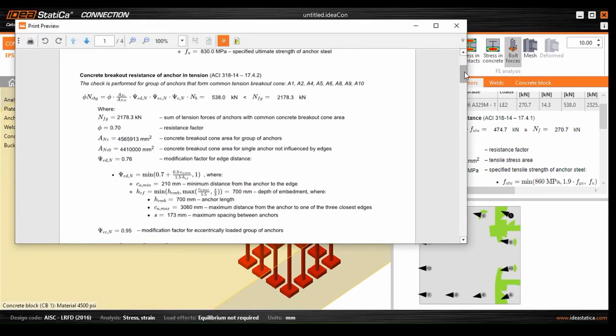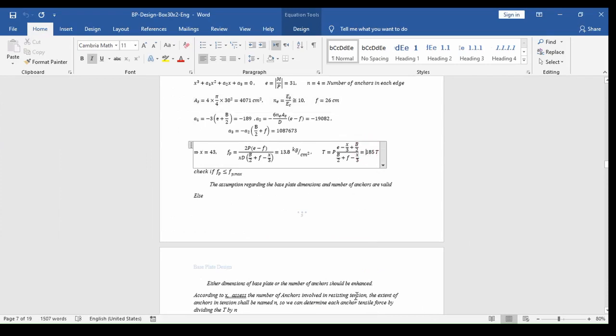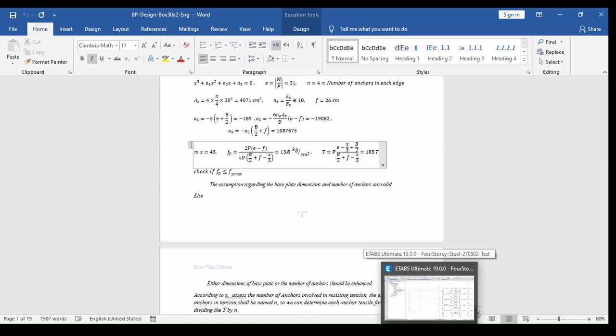Go to check the breakout resistance of anchor in tension. Then find Ncbg. This Ncbg is here, and you can see that it is 2178 kilonewton. It is bigger than what we acquire from summation in this file. So it is more conservative than what we obtained from our simple math and physics procedure.